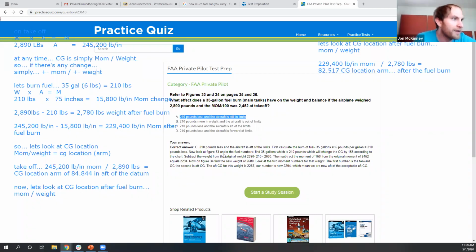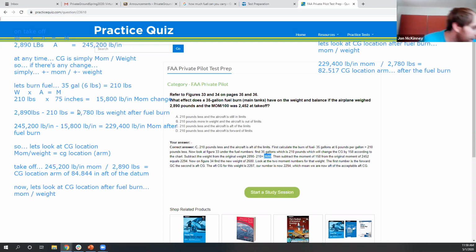Subtract the weight from the original weight, 2890 minus 210 to get 2680. And we did that. We got that. See, I got 2780. Did I do it wrong? 2890 subtract 210 should be 2680.